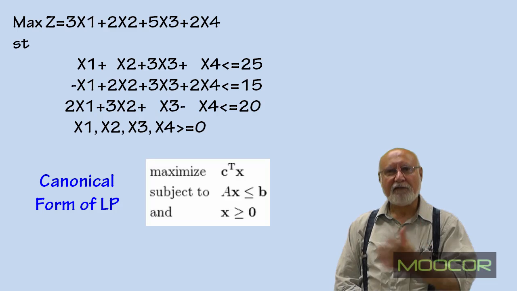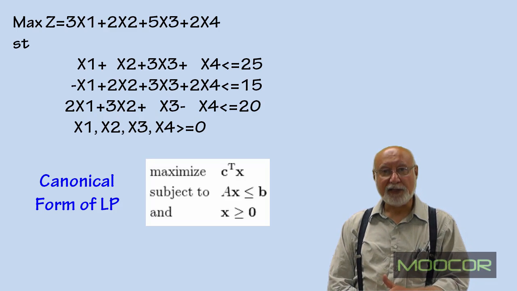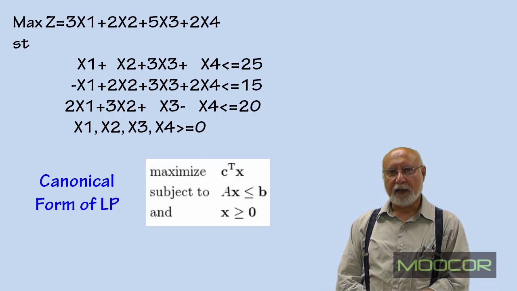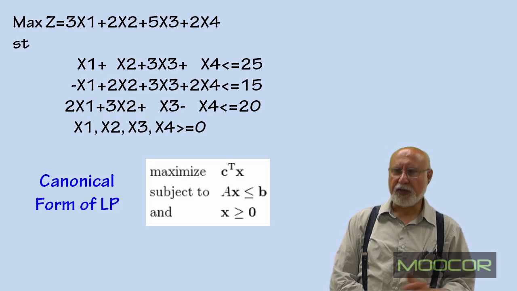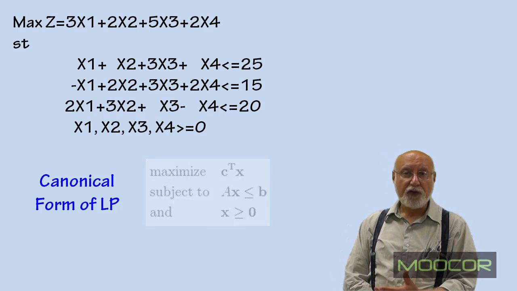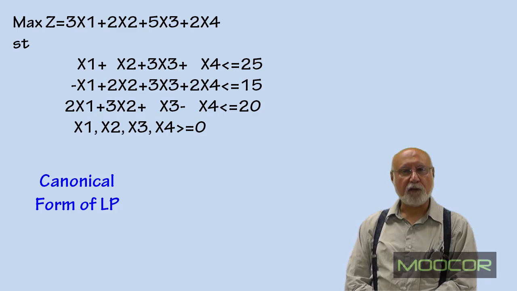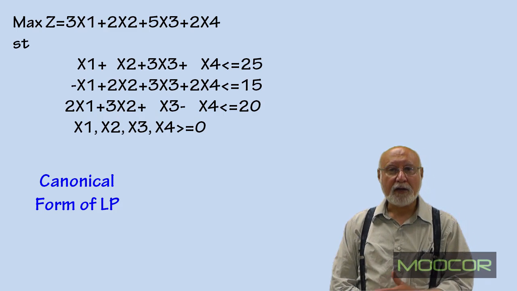We are going to cover the matrix notation and the format and all the operations in Topic 7 on Module 3. However, for now, this canonical form is what we are using.